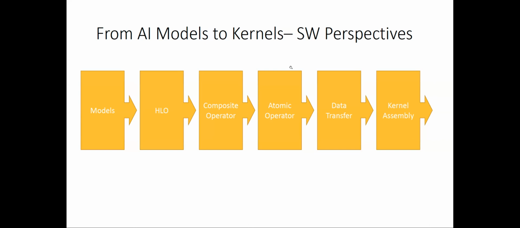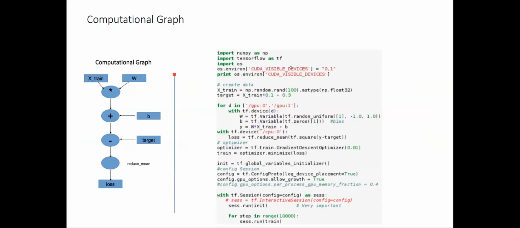I don't show the details about kernel fusion or some other model optimization techniques here, but this is just a high-level idea of how we map the models, described as a graph, to a single kernel computation. And this is an example of TensorFlow code to show a computation graph.